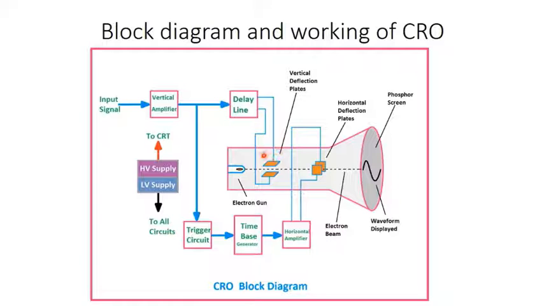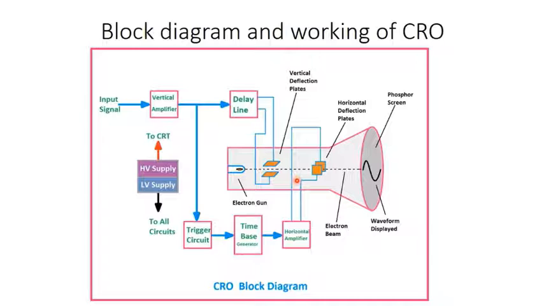You can see it on this screen. So this vertical deflection plate and horizontal deflection plate are going to deflect that electron beam from the electron gun according to the signal, whether it is a sinusoidal, triangle or square. So it requires deflection of this electron beam vertically and horizontally.